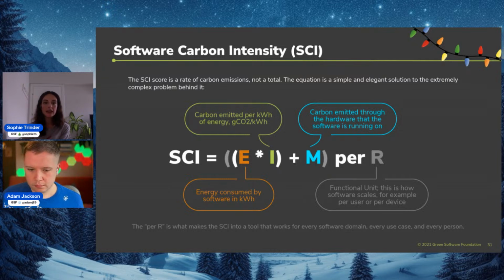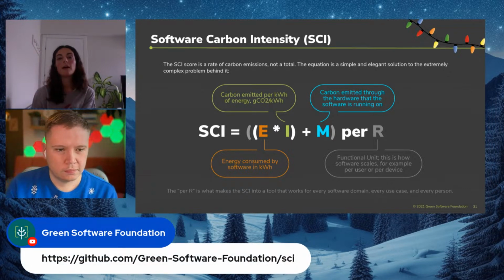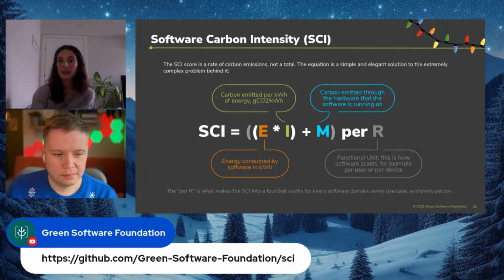So to calculate the software carbon intensity score, we calculate by multiplying the energy consumed in kilowatt hours by the carbon emitted per kilowatt hour. So that's the E times the I, plus we add the embodied carbon emitted through the hardware the software is running on. You can see Adam's just put a link out to more detail in the chat, which if anyone would like to have a look, you're able to there.